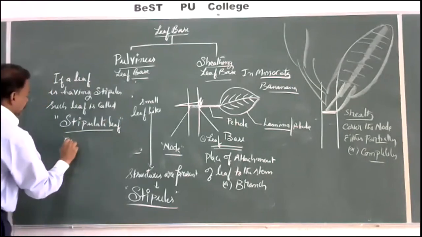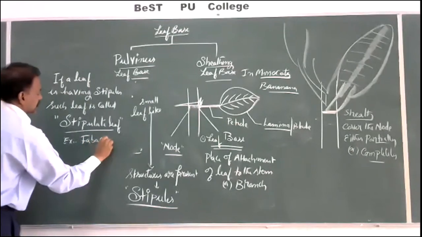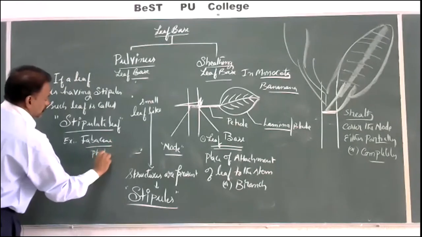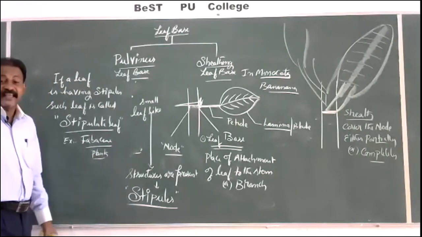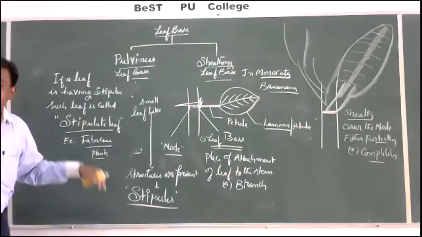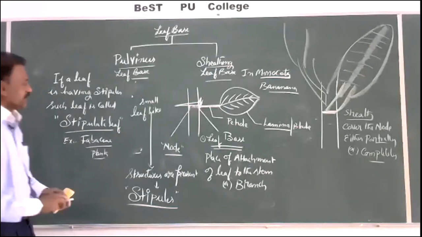And example is Fabaceae family members. In those family almost all the plants they possess stipules, so they are called stipulate leaf.